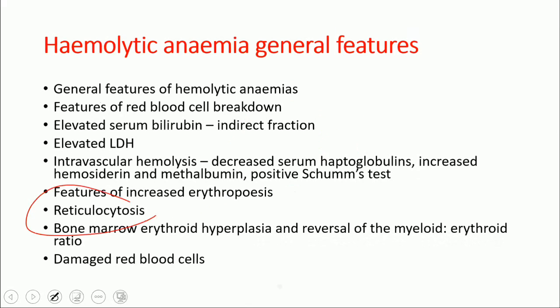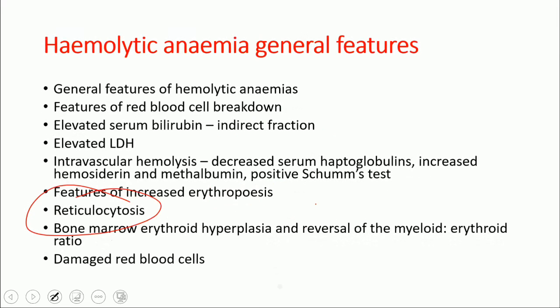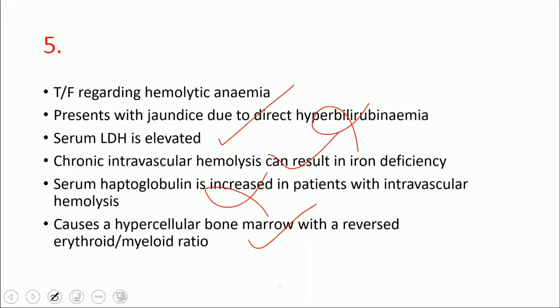It also causes a reversed erythroid to myeloid ratio in the bone marrow. So more erythroid cells, erythroid hyperplasia. Usually myeloid cells predominate, but when you have hemolytic anemia, you have more erythroid series cells in the bone marrow. Right. So these are the general features of a hemolytic anemia.